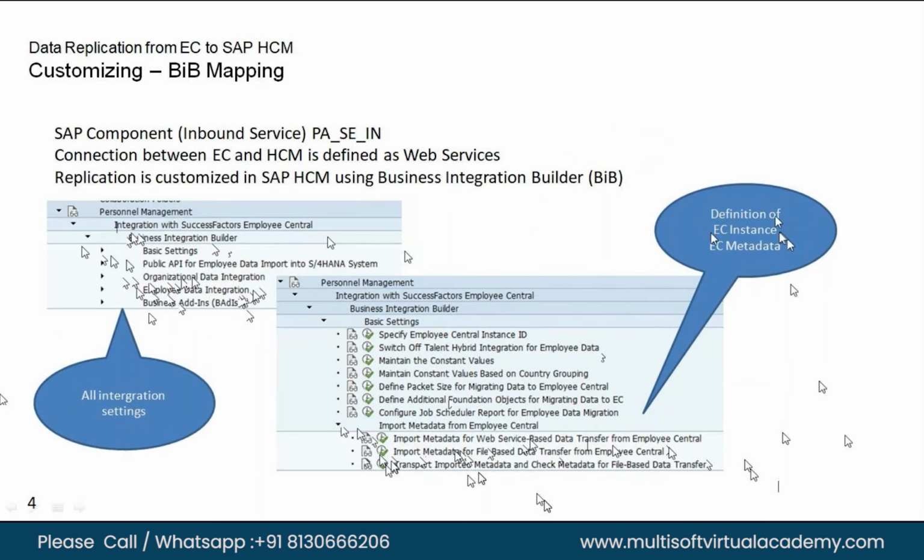Here we have a lot of provisions like subtypes and conversion rules. Even a consultant with minimum knowledge can survive in this BIB, and we can easily troubleshoot exactly where the issue is and what value is coming from SuccessFactors to SAP. That kind of flexibility is given in the BIB.